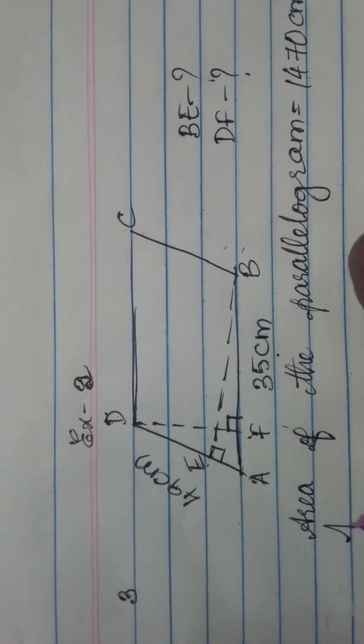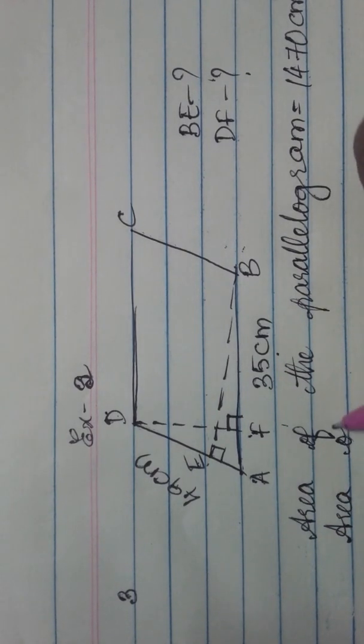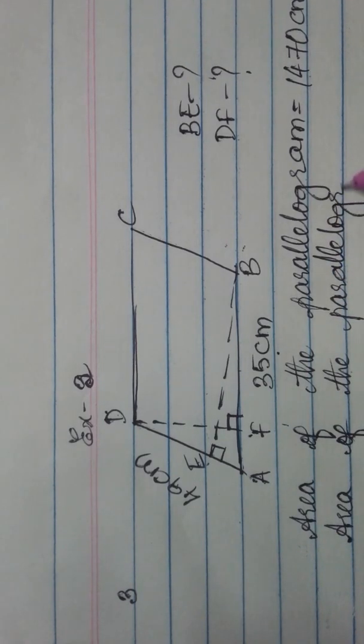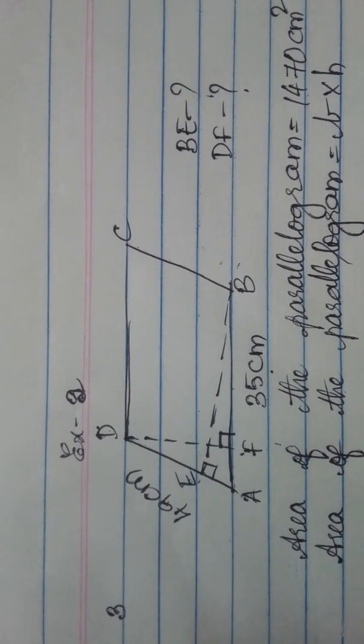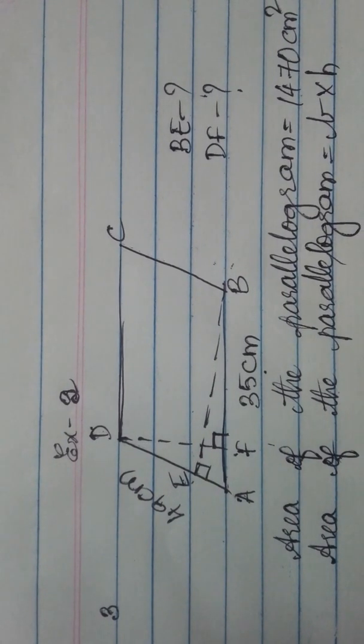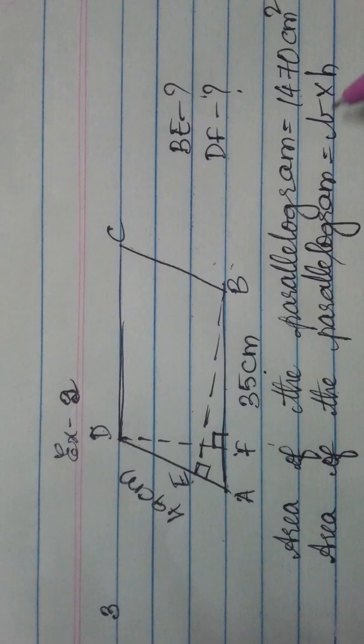Area of a parallelogram, you know that the formula is base into height. So let's write the formula. Base is nothing but B and height is nothing but H. B into H. What is the base here?